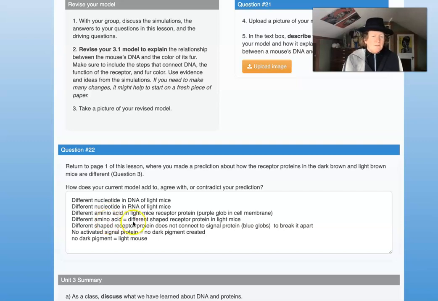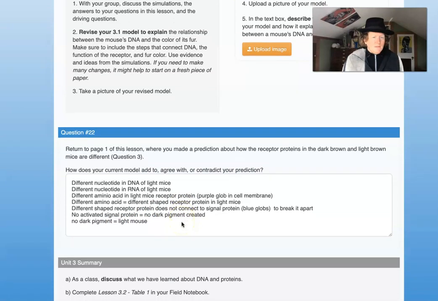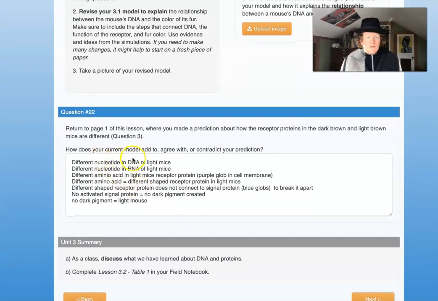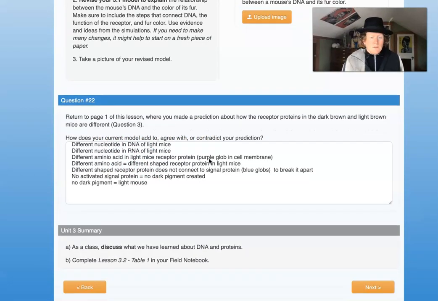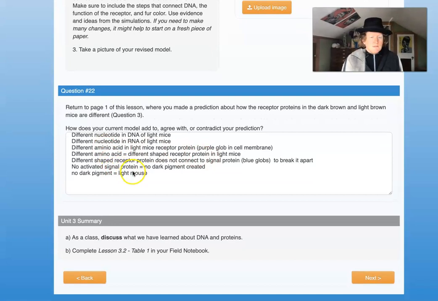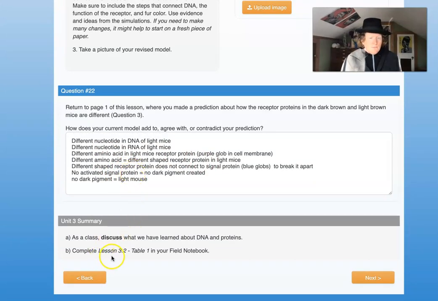When you have a different amino acid, you're going to get a different shaped protein. That different shaped receptor protein doesn't connect to the signal protein, those blue globs, to break it apart. There's no activated signal protein, so no dark pigments created. If you don't have dark pigment, you end up being a light mouse. So that's probably not how your current model agrees with or contradicts your prediction, but that's a good explanation of what's going on. We can use this explanation when we go to lesson 3.2, table 1 in our field notebook.